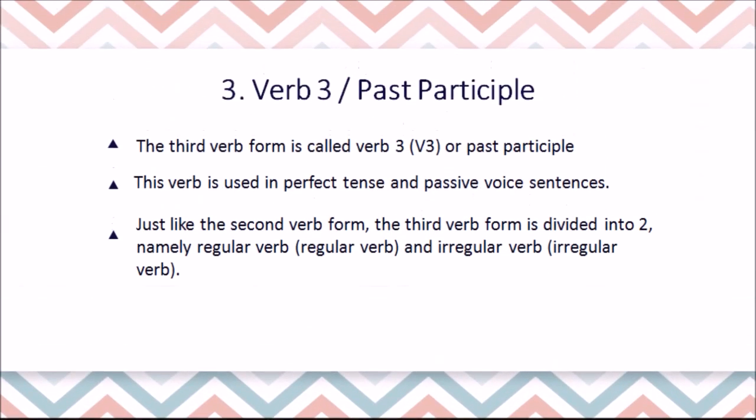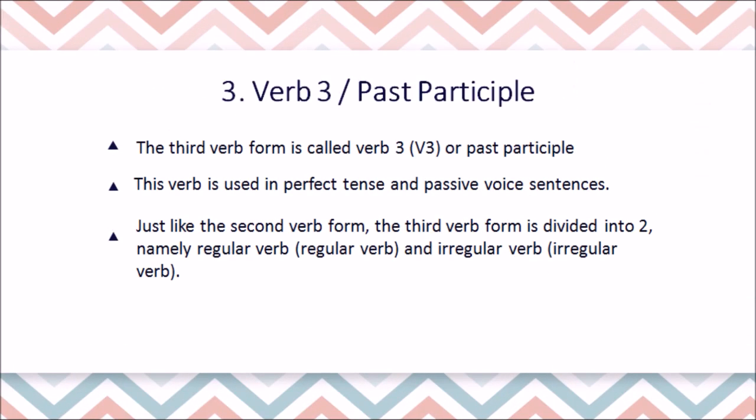Verb 3 or past participle. The third verb form is called verb 3 or past participle. This verb is used in perfect tense and passive voice sentence. Just like the second verb form, the third verb form is divided into two, namely regular verb and irregular verb.